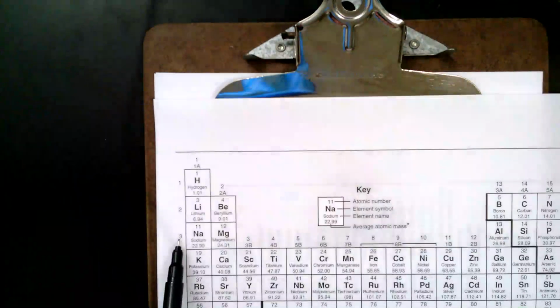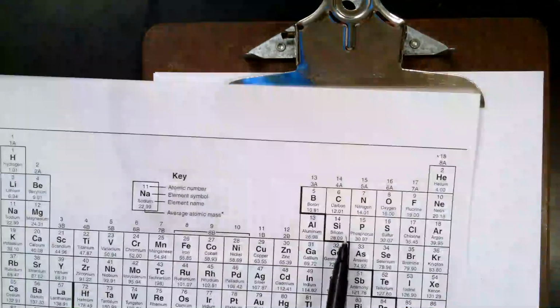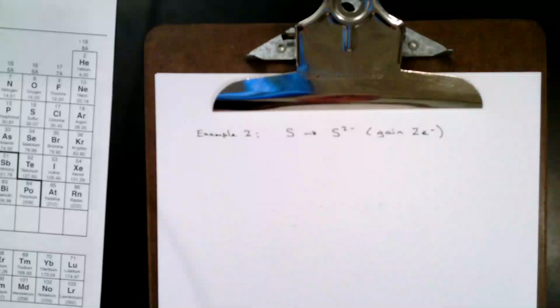So if we walk through the periodic table in order to get to sulfur, you can see in the third principal quantum number, it's already got its 2s filled, and then it has 1, 2, 3, 4 over in the p.